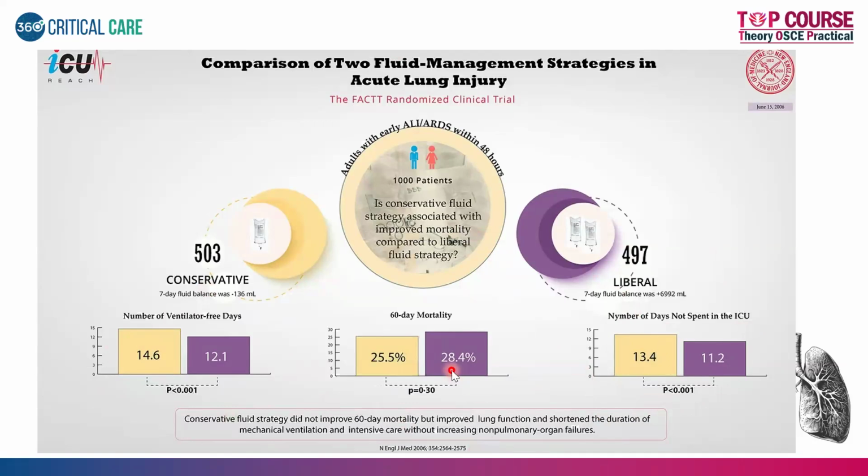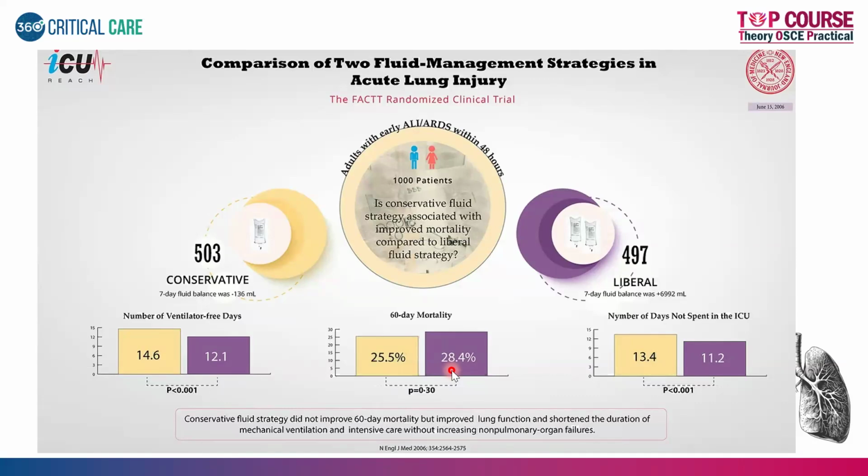So, the take home would be: do not use mortality as the yardstick. I've been mentioning this quite earlier as well. We need to look at the overall outcome of the patient. Probably, looking at the point that ventilator-free days and the number of days spent in the ICU are lesser in the conservative strategy, it's better to keep the patient on the euvolemia side of the fluid balance.